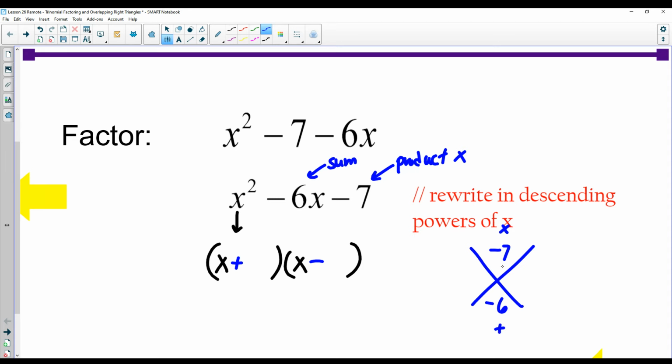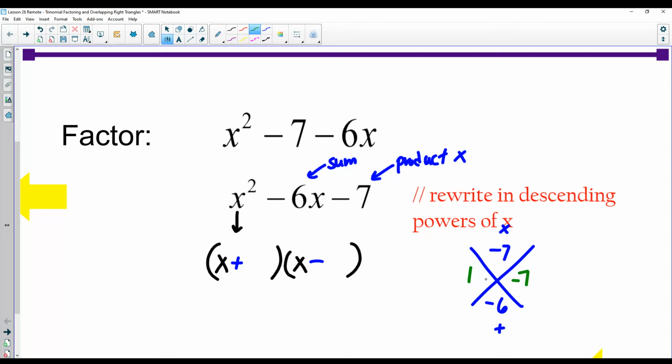So what's the only way to multiply two numbers and get a 7? That's going to be 1 times 7. So I put those there in green. Which one would have to be negative in order to have a sum that's negative? I'm going to add these together. I know the bigger number has to be negative.